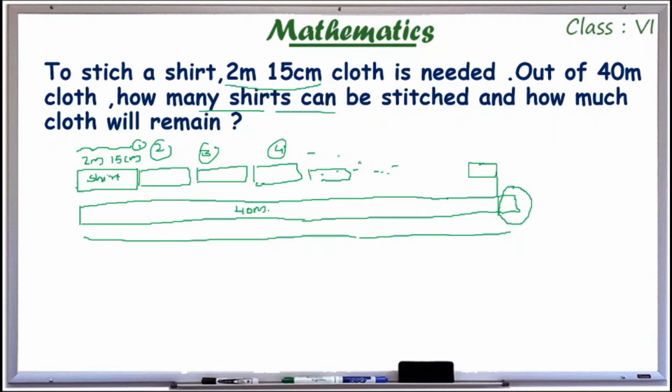We also have to find the remaining cloth. So we have two questions: how many shirts, and how much cloth will remain after stitching. I hope you got the idea.